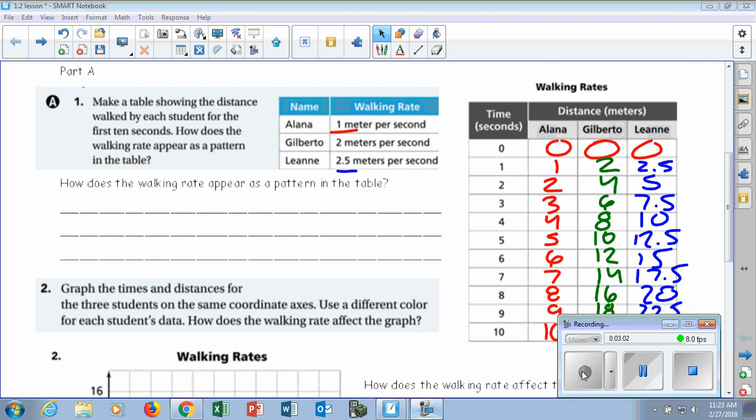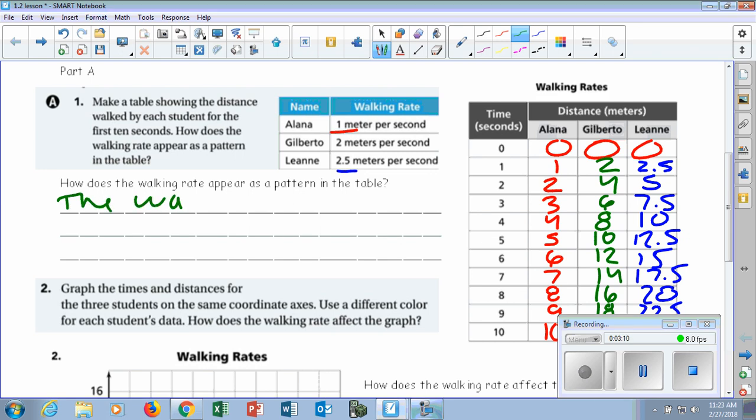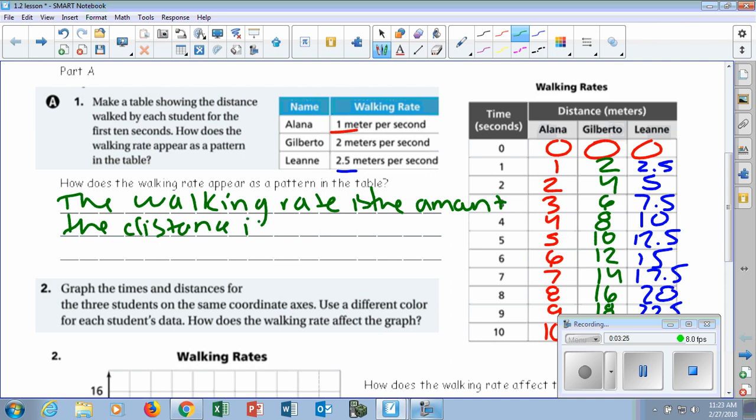Okay, so for this walking rate, we saw that the walking rate is the amount the distance is changing as time increases.